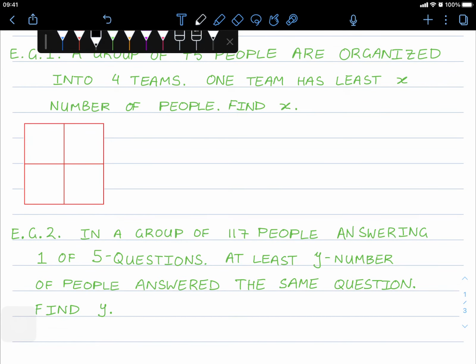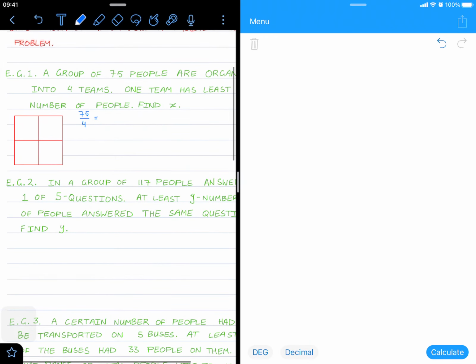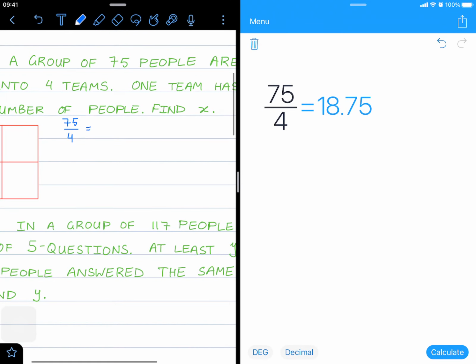Let's now apply this generalized pigeonhole principle. We have 75 people or objects divided by the 4 teams. Let's take a look at what we get. 75 divided by 4 is 18.75.